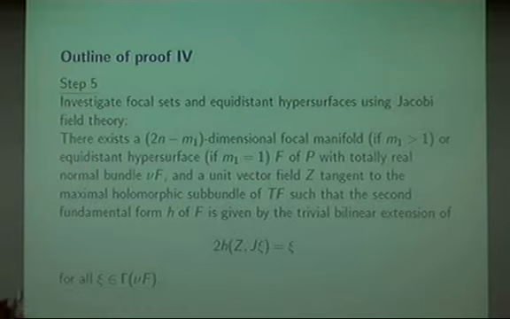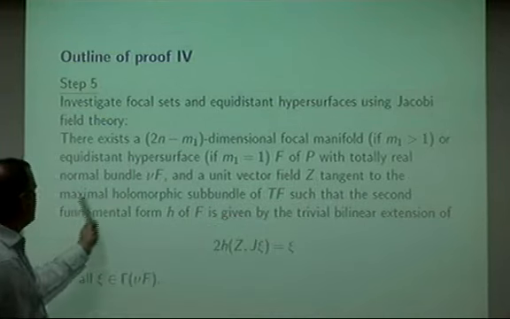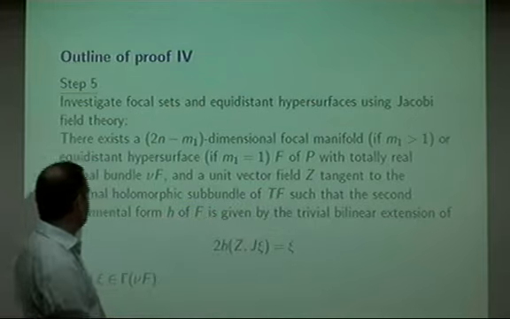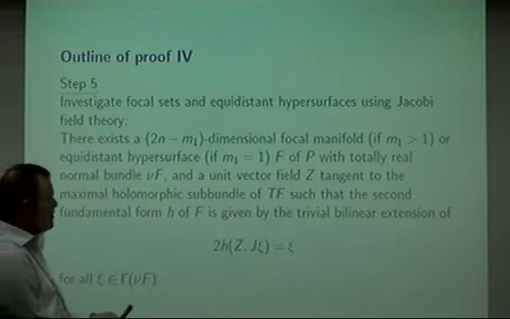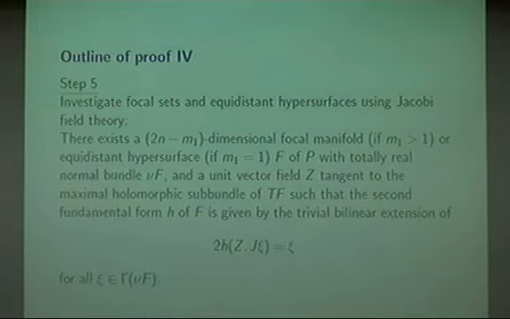So the normal space at each point is real, and there is a unit vector field Z tangent to the maximal holomorphic subbundle of the focal set, such that the second fundamental form has this explicit description. So using the theory of Jacobi fields, one can work out the geometry of the focal set.